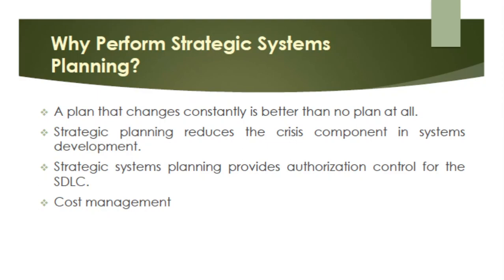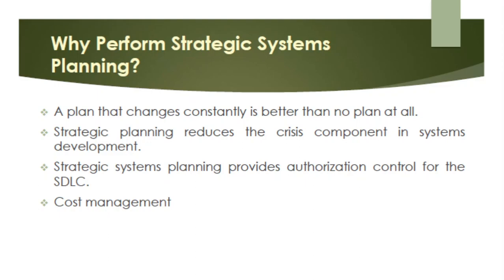Third reason is that strategic systems planning provides authorization control for the SDLC. So the strategic systems plan lays out authorization rules to ensure that decisions to develop specific systems are congruent with the objectives of the firm.